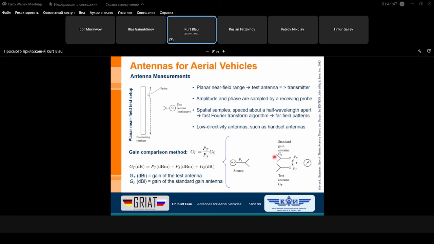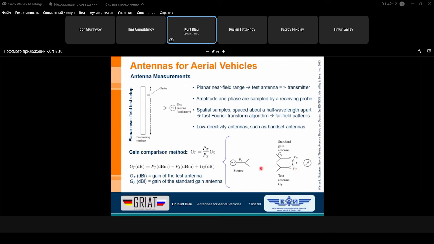This gives our gain of the standard antenna, and we can measure or record the received power, PS, and then we exchange the antenna, and then we insert the test antenna, and we also measure the power of the test antenna.